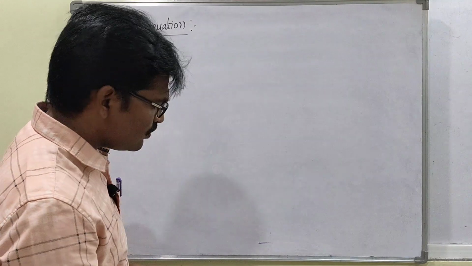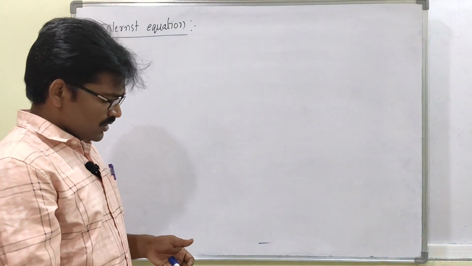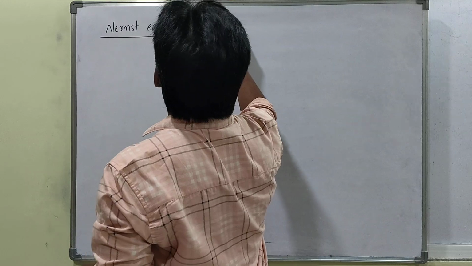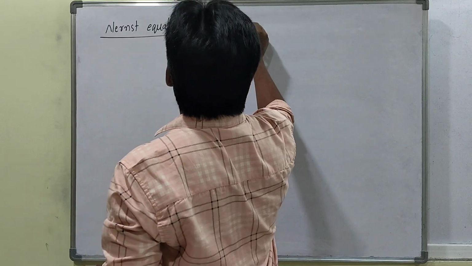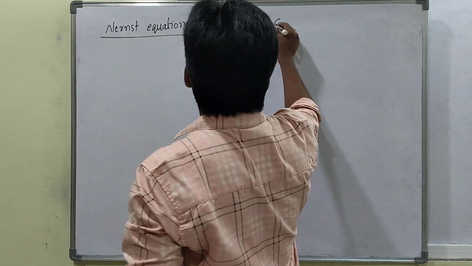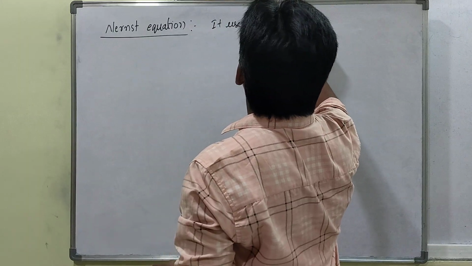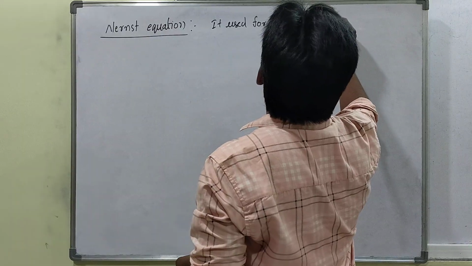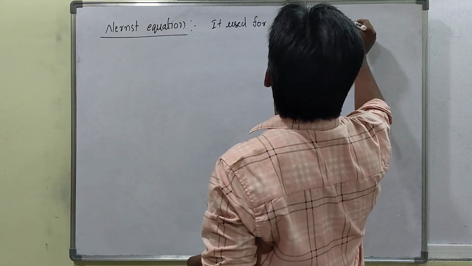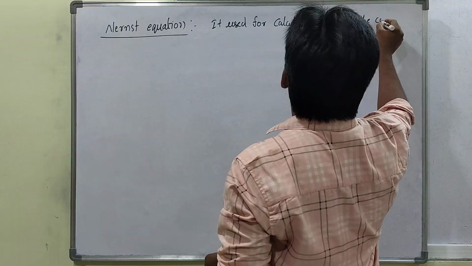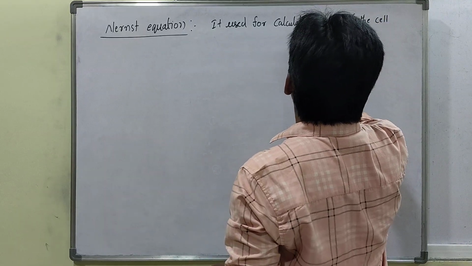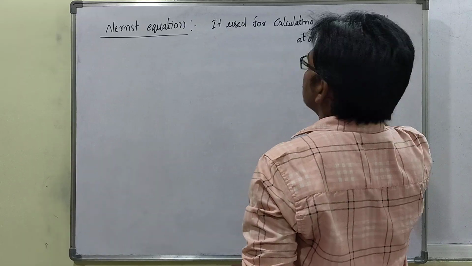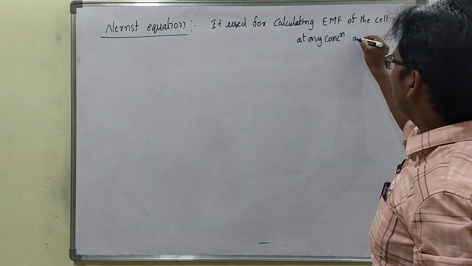Right. So what is the Nernst equation? The Nernst equation is used for calculating the EMF of the cell at any concentration at 25 degrees Celsius.